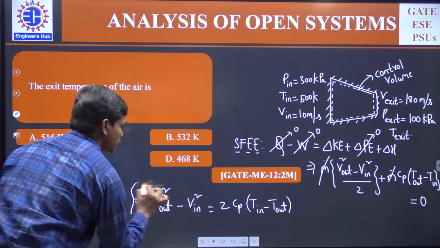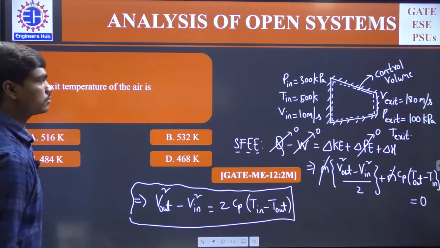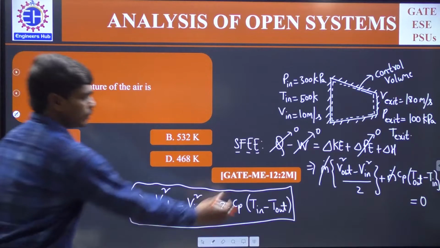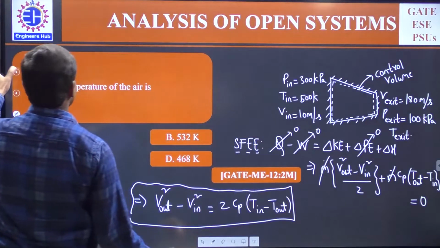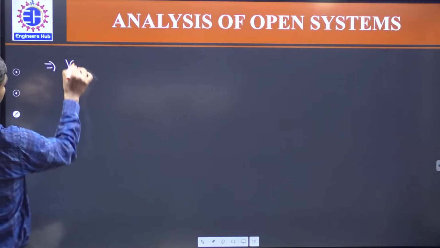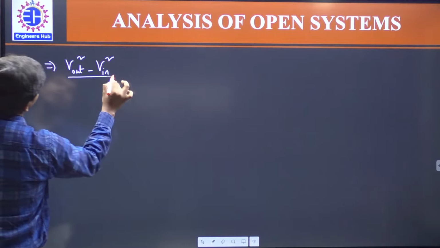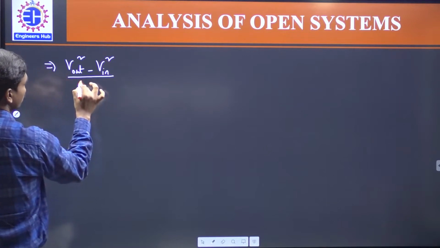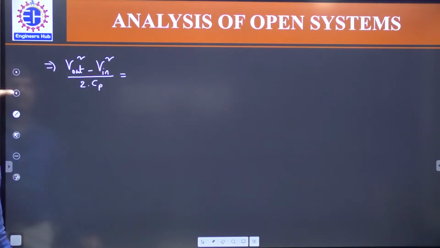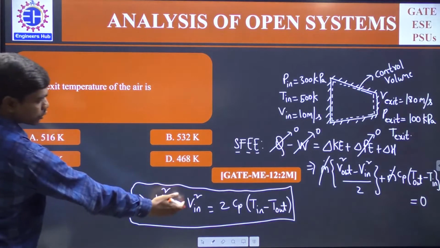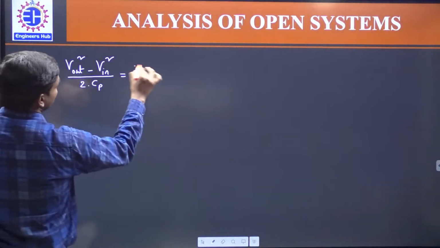This is the constitutive equation relating velocities and temperatures. So V out square minus V in square divided by 2 Cp is equal to T in minus T out.